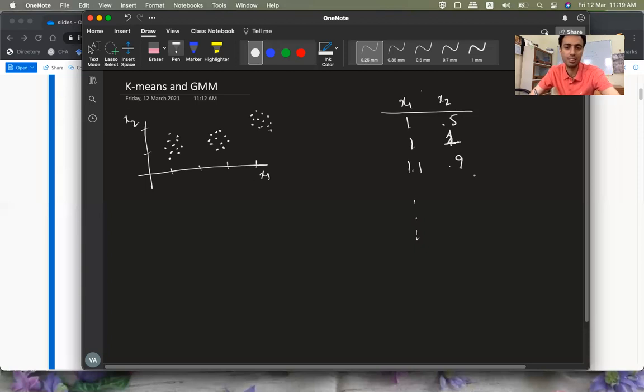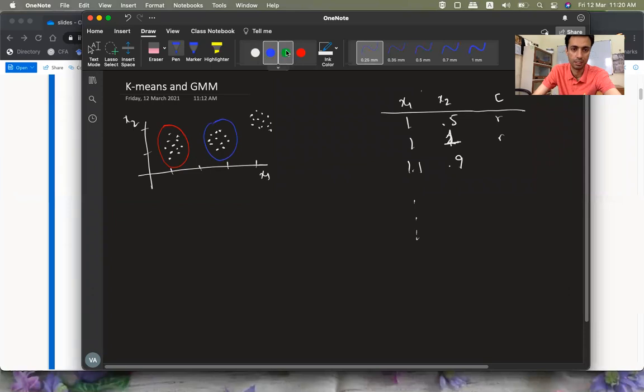In this list, you do not see 3 clusters, but then how do you cluster this list into 3 clusters so that these 3 clusters are formed? If I assign a color like red, red, red, blue, blue, blue, green, green, green, and I will say this is my red cluster, this is my blue cluster, this is my green cluster.